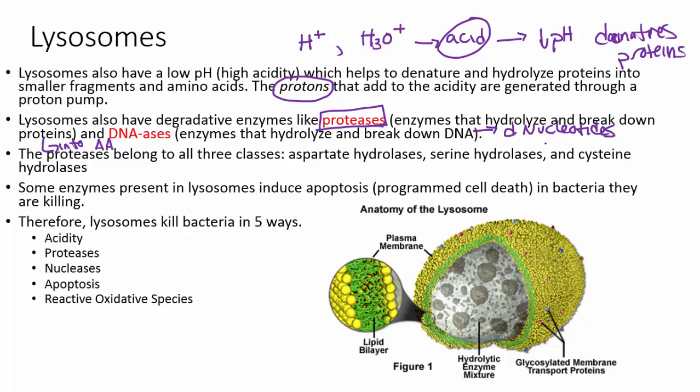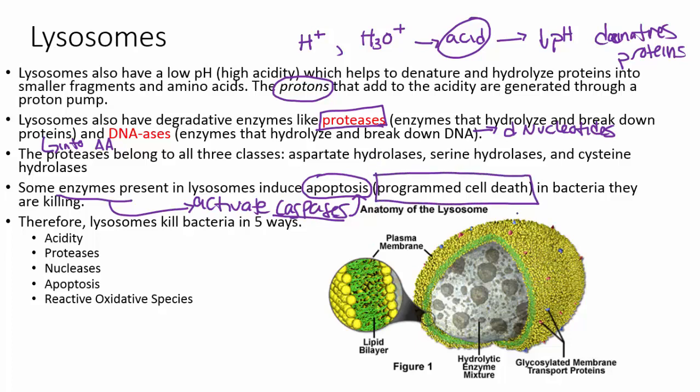Also, there are some enzymes present in lysosomes that can induce apoptosis in the bacterial cell. The things that induce apoptosis are things that activate enzymes called caspases. Caspases are enzymes that induce apoptosis, and so the lysosome releases enzymes that activate caspases, and so they trigger apoptosis, which is called programmed cell death.